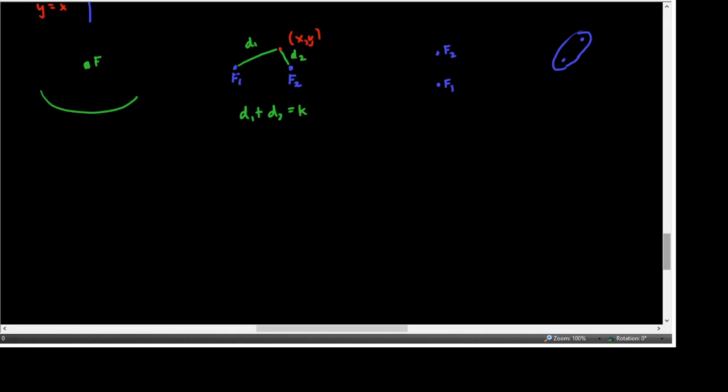So for every single point on that ellipse, the sum of those two distances is the same number. And so that creates an elliptical shape.